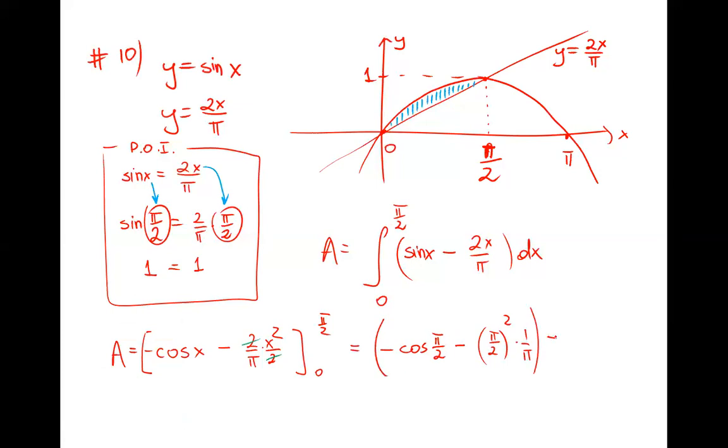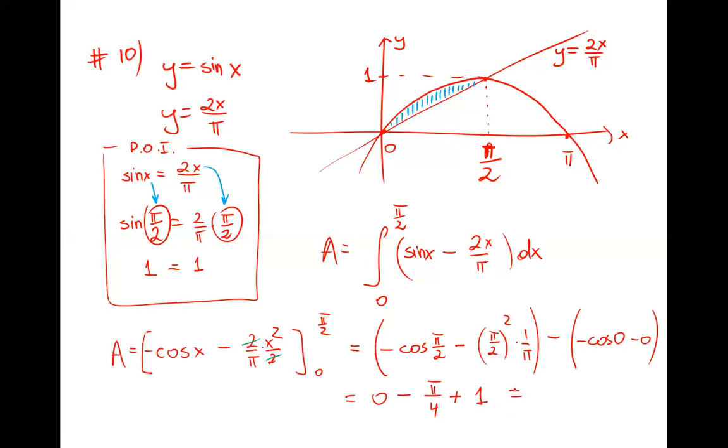That's the upper limit minus the lower limit: negative cosine at 0, and if I put 0, it's just 0. Cosine at 90 is 0. This will be pi squared over 4, but pi in the denominator will cancel out, and then negative and negative will give me positive. Cosine at 0 is 1.